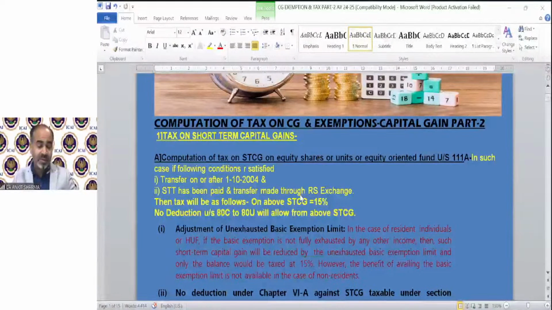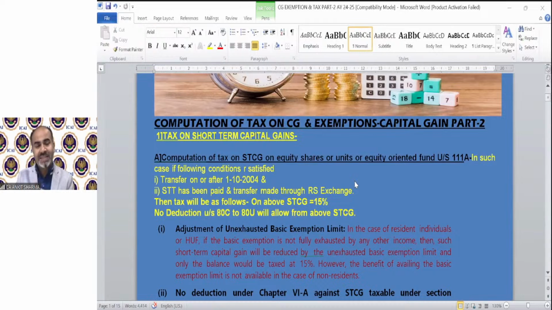And it says what is the capital gain taxability provision. So first, that was short-term capital gain under section 111A. If the short-term capital gain relates to section 111A, which talks about equity shares on which tax has been paid, STT, at the time of purchase and sale as well.